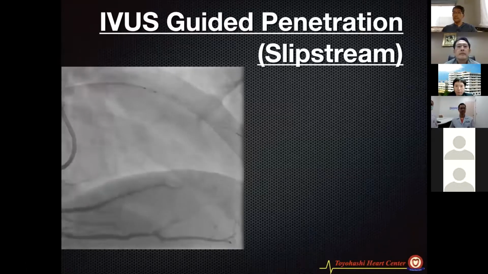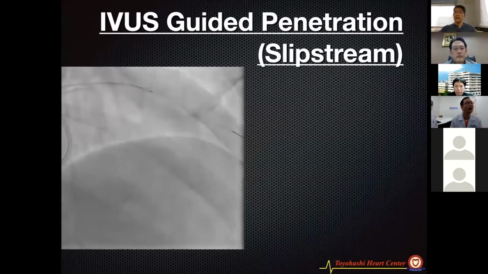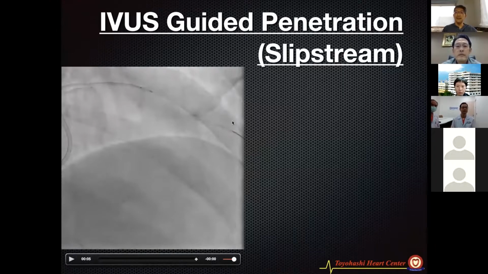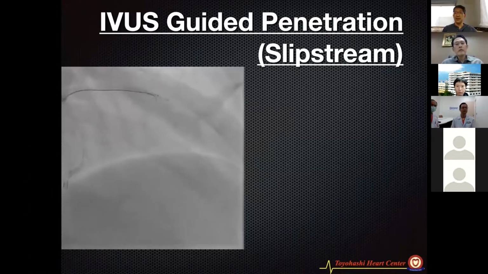So I decided to penetrate this wall with a stiff wire by using the slipstream technique. After setting both IVUS and Sasuke on the same wire closely, I manipulated the guide wire and decided the direction of the penetration, looking at the IVUS image directionally.